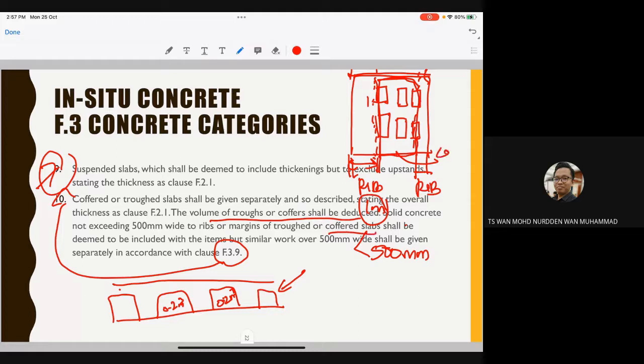Kawasan ni je coffer slab. Kawasan ni akan jadi suspended slab. Tapi kalau dia kurang daripada 500 mm, kita boleh kira all together semua sekali, and then buat deduction untuk trough ataupun coffer saja.